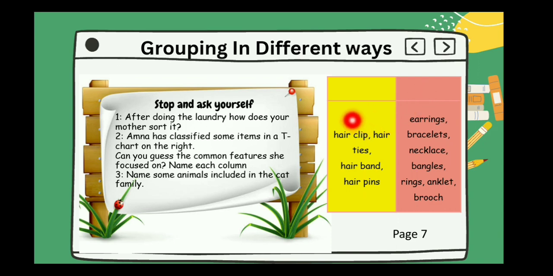In the first column, we have hair clip, hair ties, hair bands, hair pins. And in the second column, we have earrings, bracelets, necklace, bangles, rings, anklet, and brooch. Question number 3 says, name some animals included in the cat family. This exercise is there on page 7 of your book.